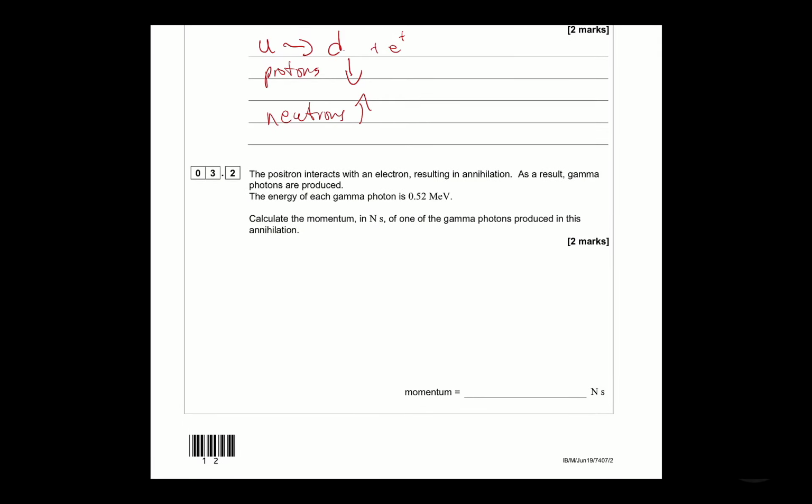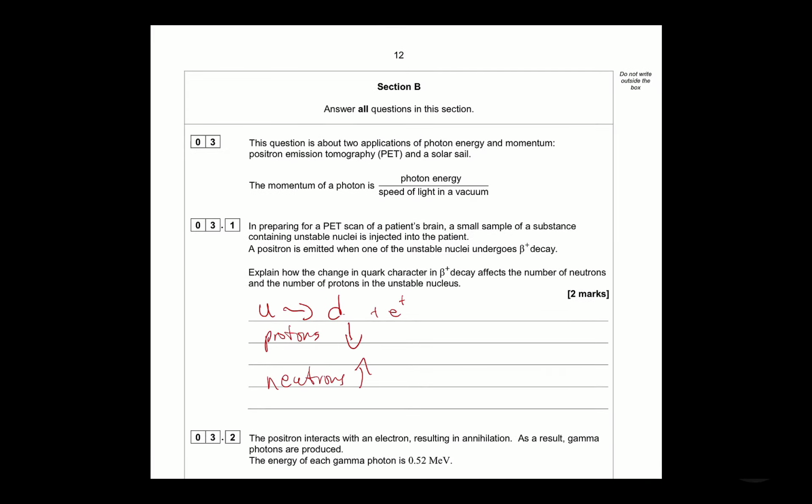So, we look here. Positron interacts with an electron, resulting in annihilation. As a result, gamma photons are produced. The energy of each gamma photon is 0.52 mega electron volts. Calculate the momentum in Newton seconds of one of the gamma photons produced by this annihilation. Okay, so for that, the momentum is photon energy divided by the speed of light in a vacuum.